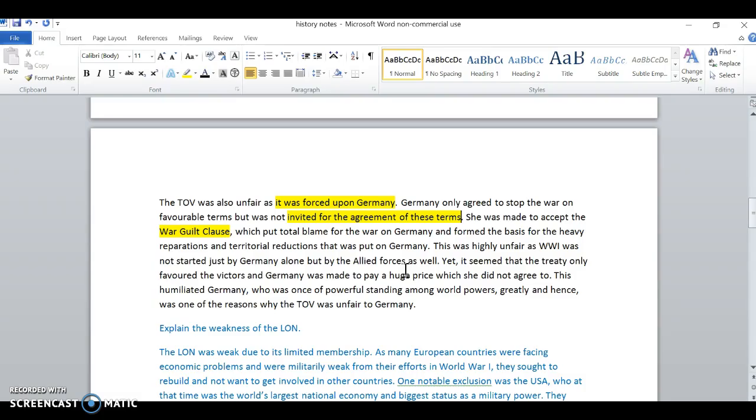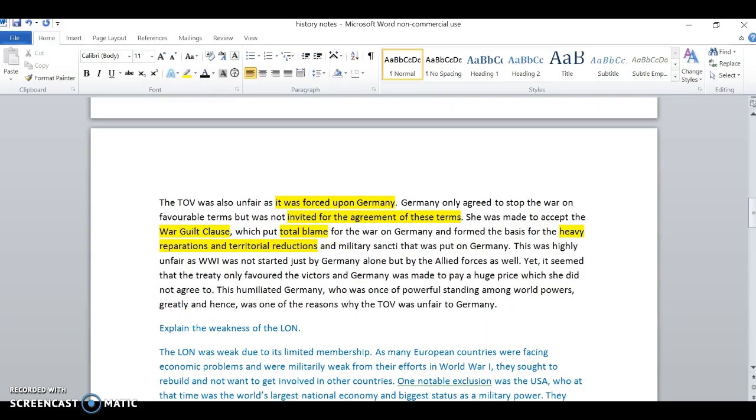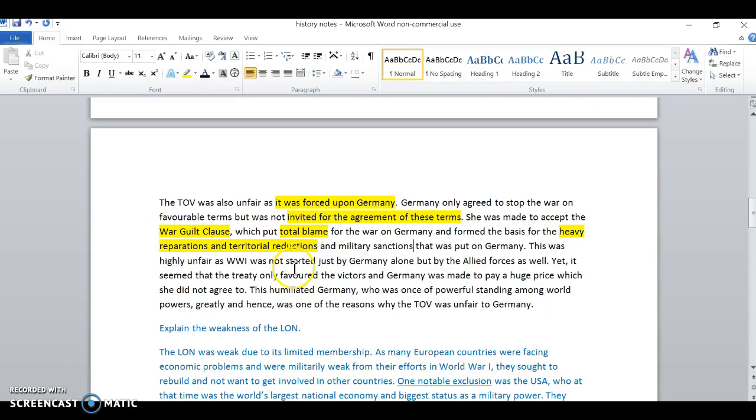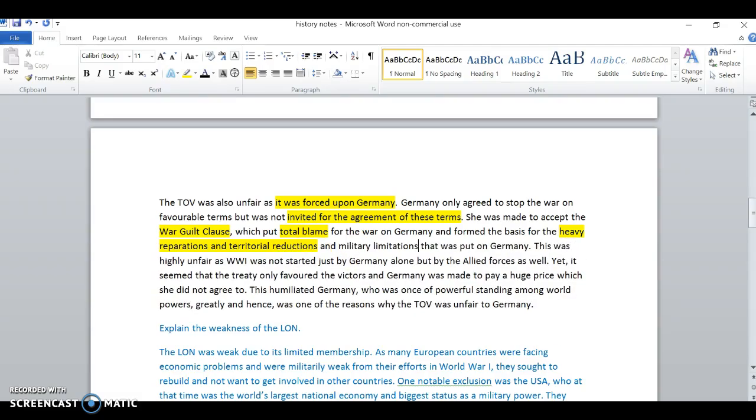The main thing of this war guilt clause is the total blame. With total blame, the Allies had the right to issue heavy reparations and territorial reductions, and you can include the military limitations as well, which were put on Germany. Not sanctions, limitations. This was highly unfair.